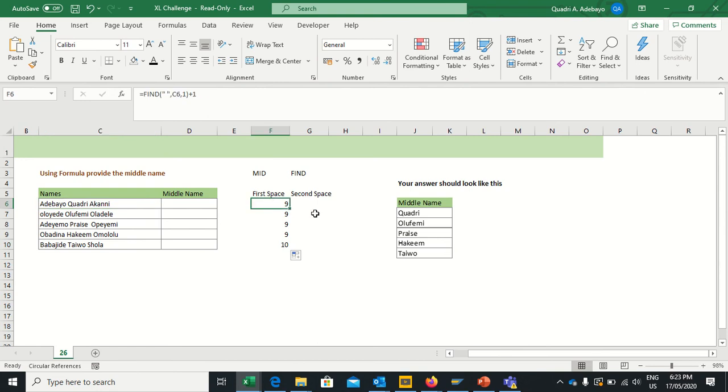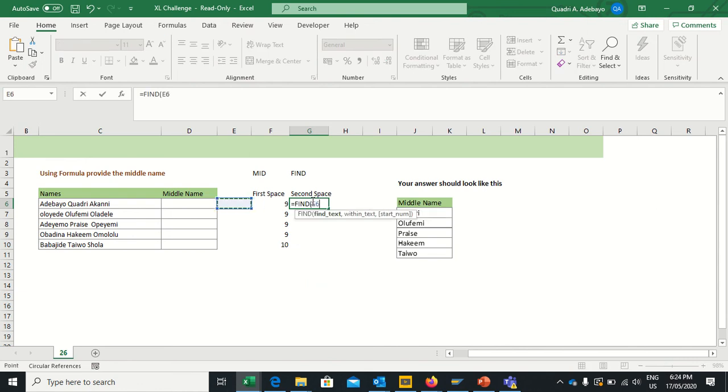Now we need to locate the second space as well. The second space here is after Quadri, after the name we are looking for. We need to get the number of the character from the beginning to the second space. So we use FIND again, and we type the sign for space within the quotes.